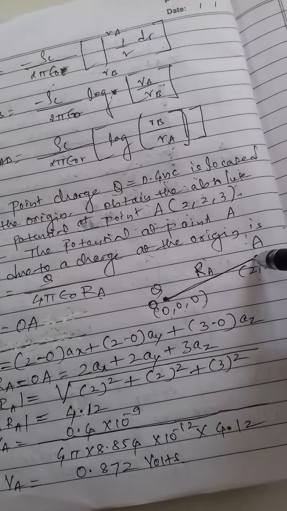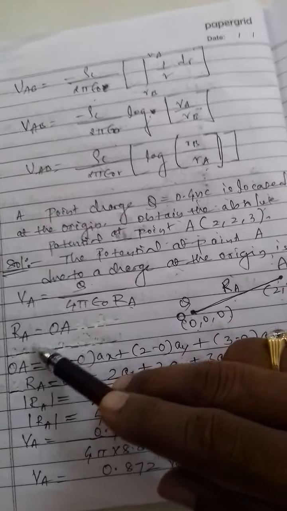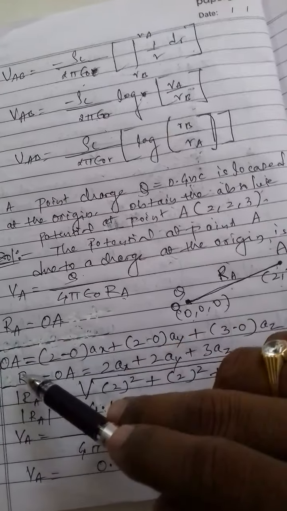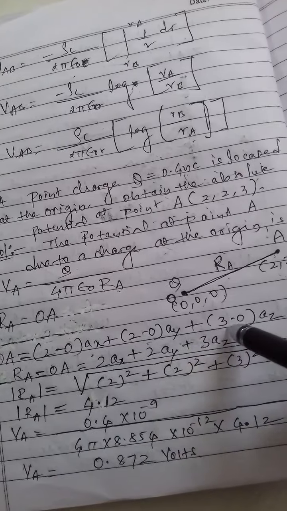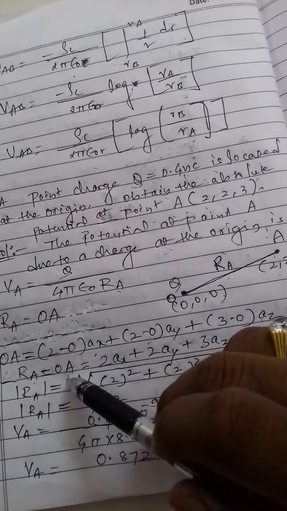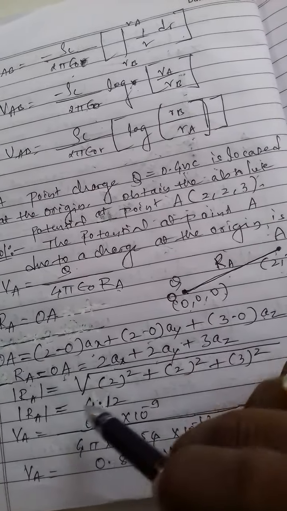The distance between these two is Ra, so Ra is equal to the distance vector OA, which is 2 minus 0 ax plus 2 minus 0 ay plus 3 minus 0 az, that is 2ax plus 2ay plus 3az.